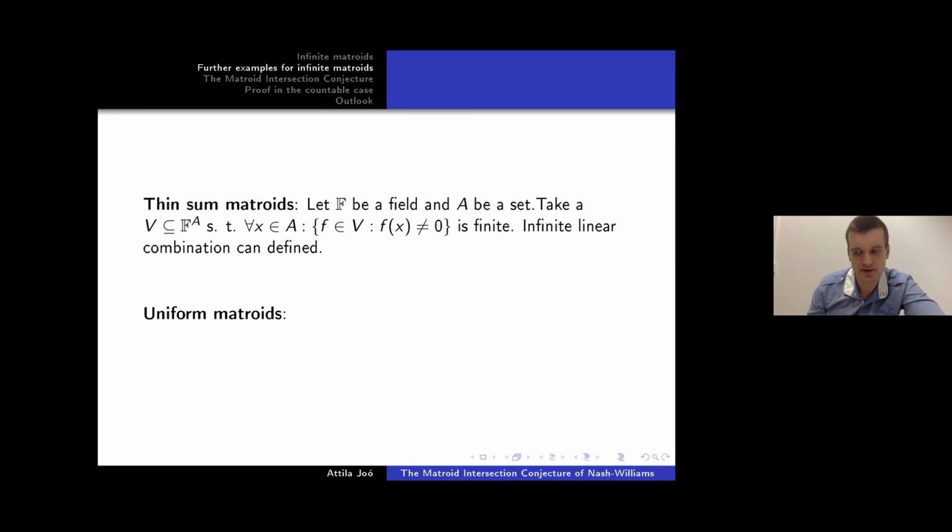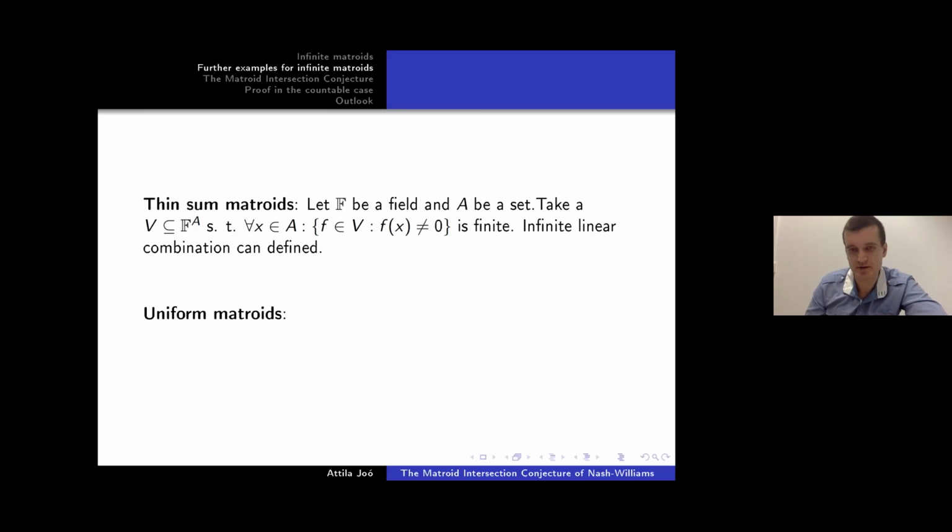And last but not least, uniform matroids. It's not entirely trivial how to define uniform matroids at all in the infinite case, because, for example, saying that I want all the countably infinite sets to be bases doesn't work, because if we kick out an element from a countably infinite set, then it is still countably infinite.